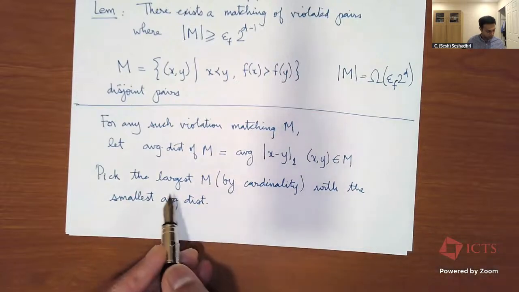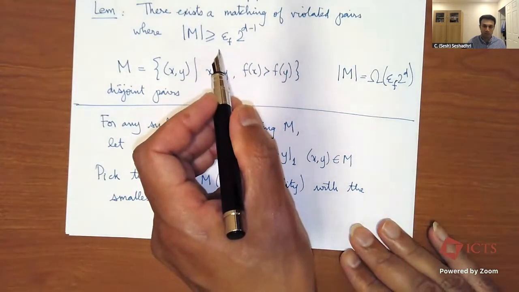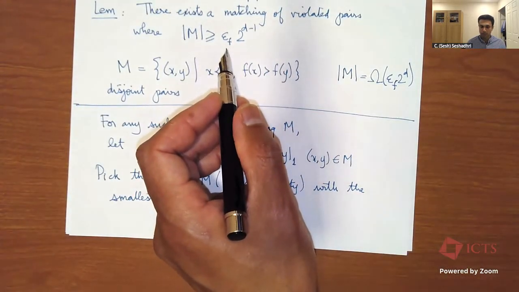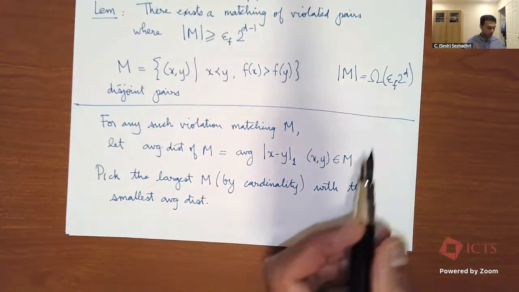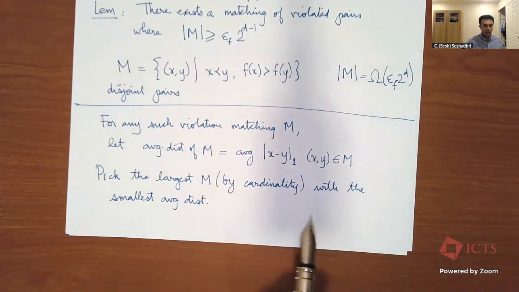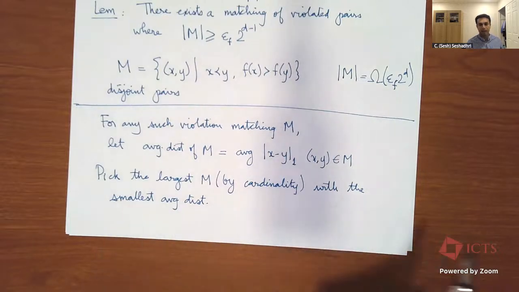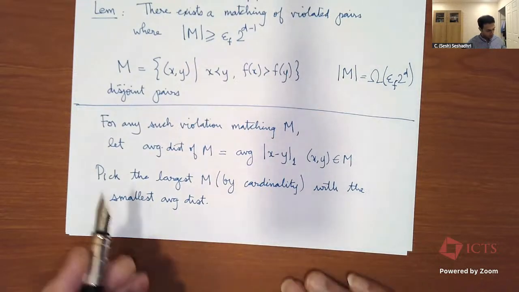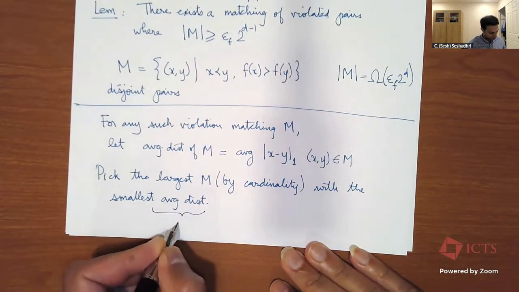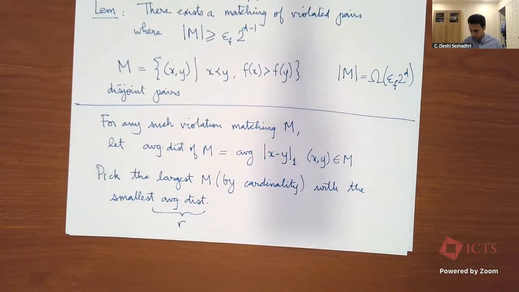I have to be careful. So I'm just picking the largest one. I know there exists a large matching of violated pairs. Amongst the ones of the maximum size, I pick the one with the smallest average distance, where the pairs are as close to each other as possible. I'm going to refer to this average distance as R. Any questions about this definition?